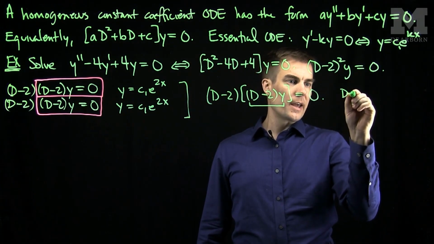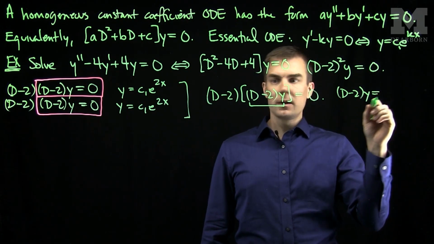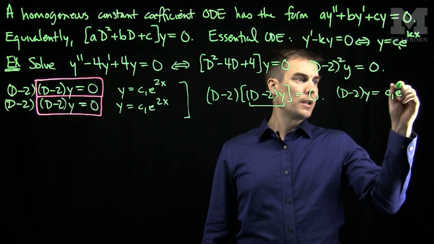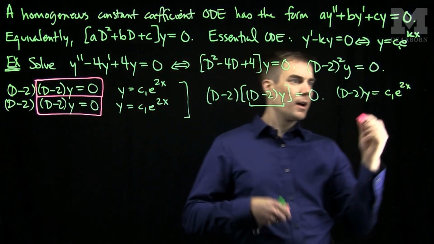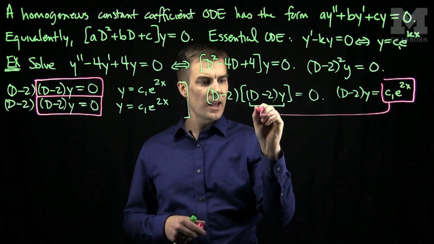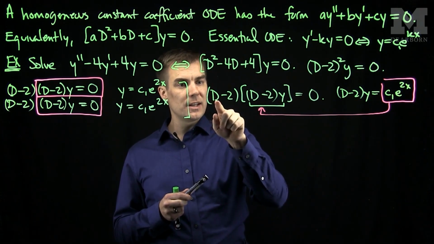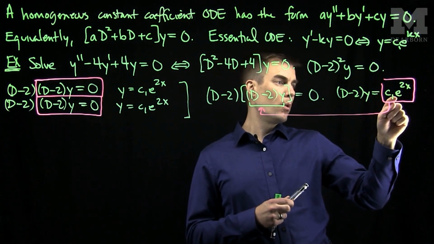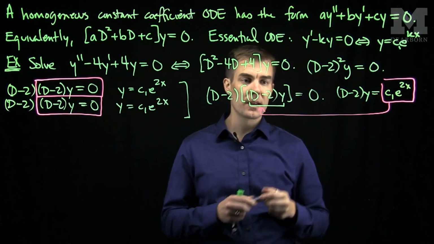Hence, we would like D minus 2 applied to y to be a constant c1 e to the 2x. Because if we plugged in a constant c1 e to the 2x into the parentheses, we would have D minus 2 applied to a multiple of e to the 2x, and that would give me 0 by our essential ODE.